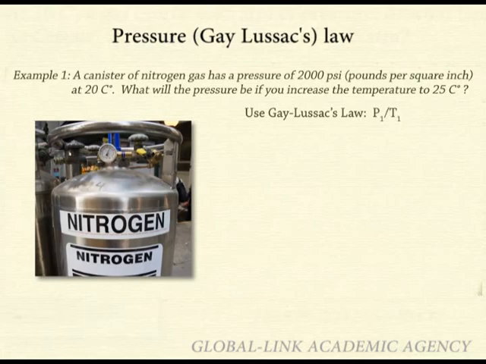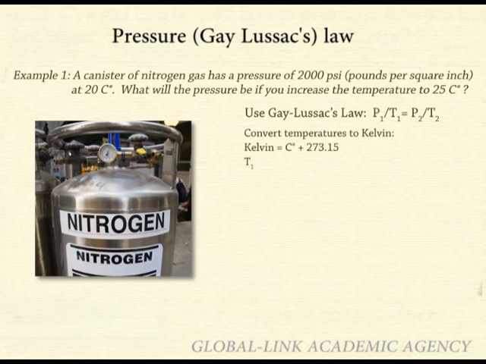P1 over T1 is equal to P2 over T2. Remember to convert temperature to Kelvin. Kelvin is degrees plus 273.15. So T1 is equal to 293.15 Kelvin and T2 is equal to 298.15 Kelvin.